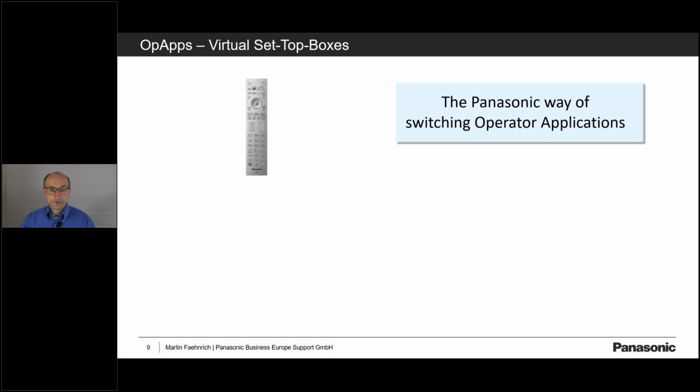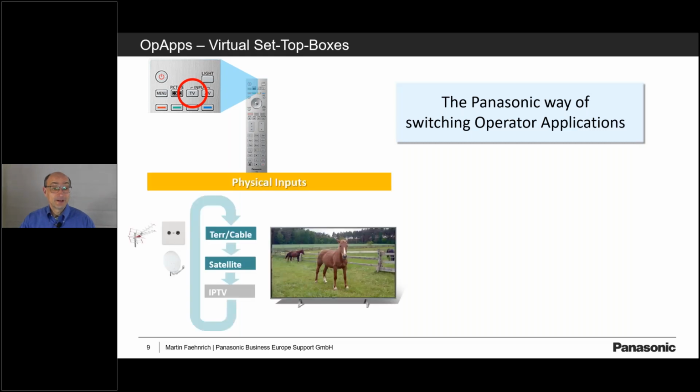Well, now I'll show you the Panasonic way of switching the applications. On the Panasonic remote control, we have the so-called TV button in the upper part. When on a normal TV without any installed OpApps we press the TV button, we can toggle between terrestrial or cable, satellite, and IPTV is not existing because there is nothing there yet.